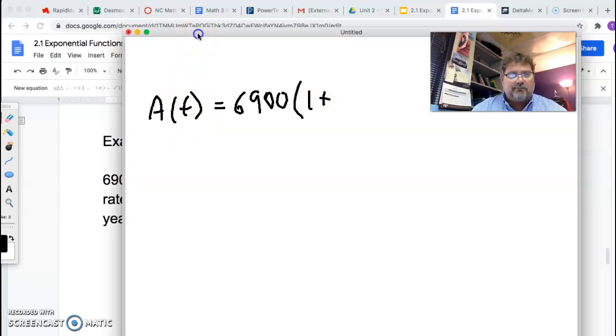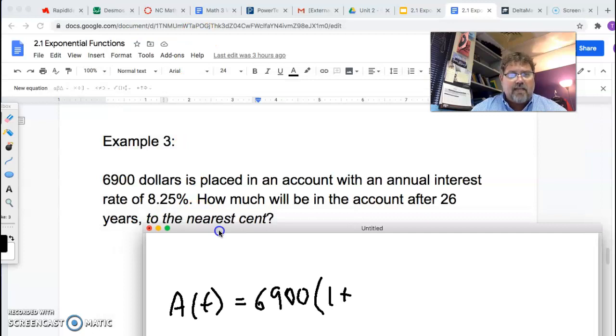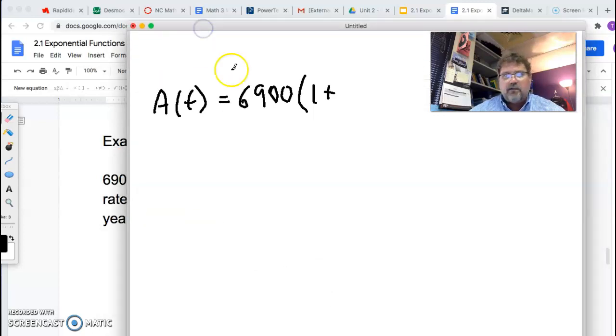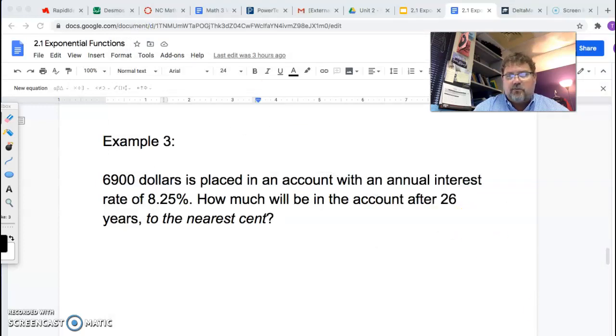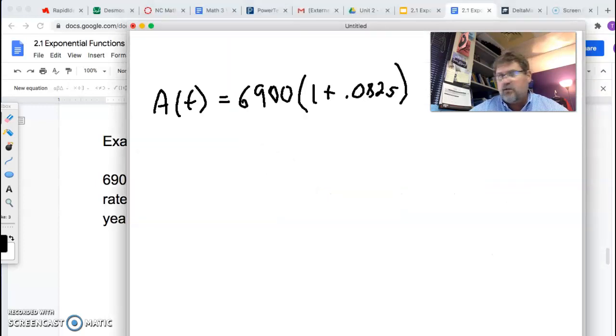Now the rate. If you look here, it's 8.25%. You got to move that decimal over, so we'll call it 0.0825. How much time do we need? And it looks like for 26 years. So we're going to put it to the 26th power.